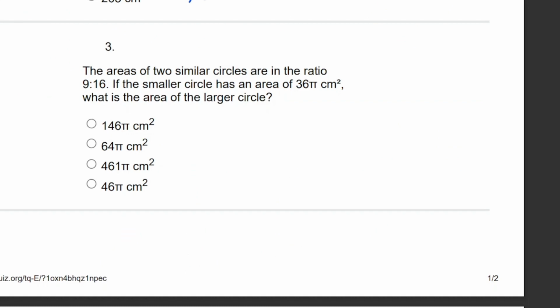For question 3, what we have is the areas of two similar circles are in the ratio 9 to 16. What is mentioned is the area of two similar circles, so 9 over 16 is the ratio of the areas. That means there is nothing for us to square. 9 over 16 equals the area of the smaller one, 36, and we can leave the pi and put it later, over x.